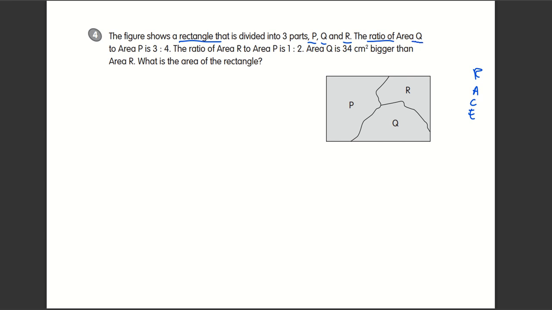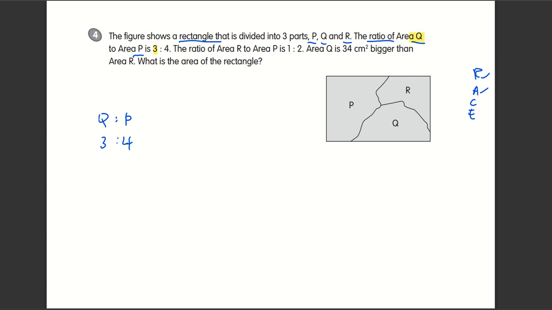And then you have the ratio of Q to P. As I read the question, I'm going to do the annotation at the same time. So I have the ratio of area Q is to P is 3 is to 4. I read carefully, and if need be, I highlight it differently.